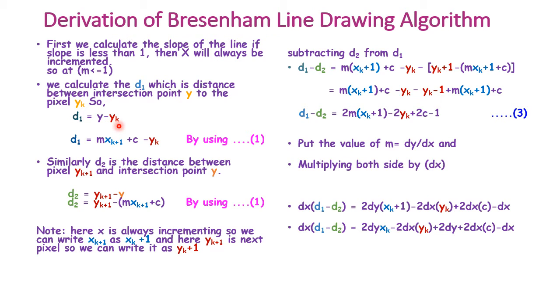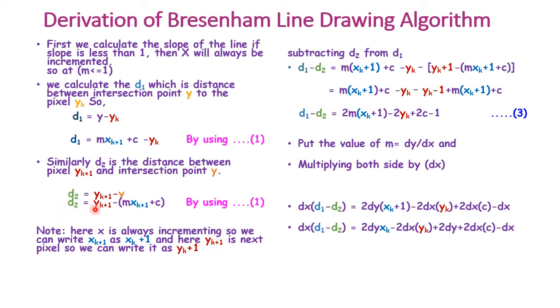Now from line equation, we have to put value of y in the equation. So d1 is equal to m xk plus 1 plus c minus yk. Similarly, d2 is the distance between pixel yk plus 1 and intersection point. So d2 is equal to yk plus 1 minus y. Now again from line equation we have to put the value of y in d2.